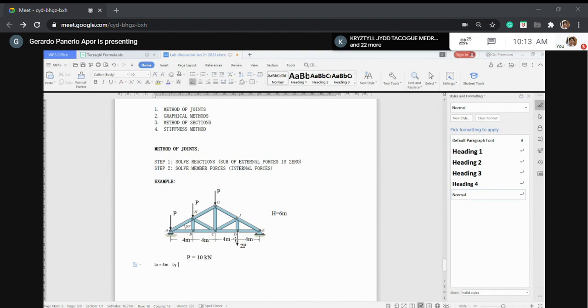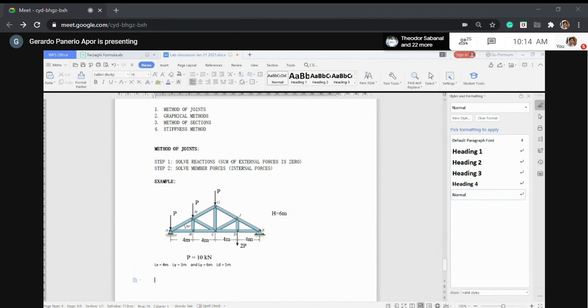Basically, B to H and D to J is 3 meters, and also LY is equal to 6 meters, like in the case of C to G. Okay, so for the diagonal length, I will just say LD, like AH, HG, GJ, GE, HC, CG, is equal to 5 meters.